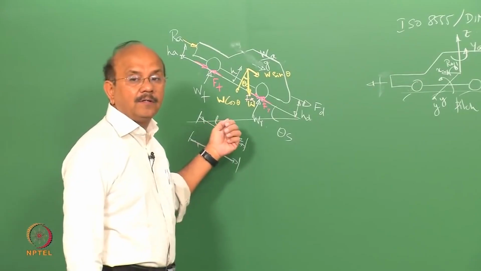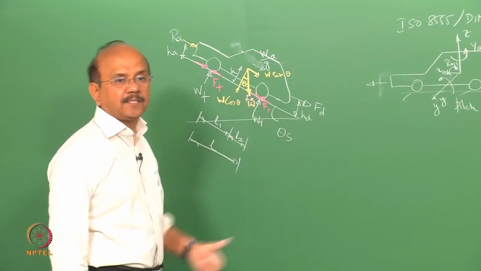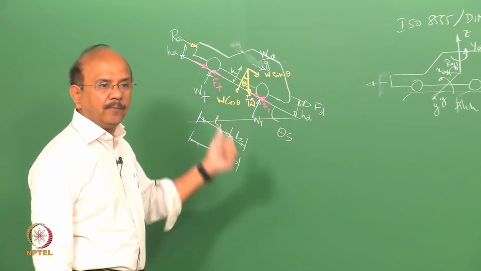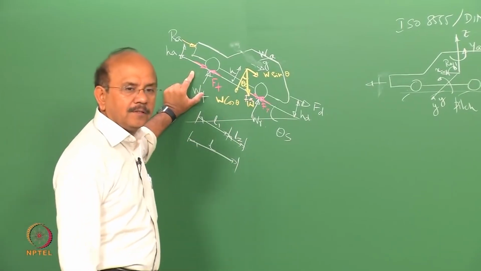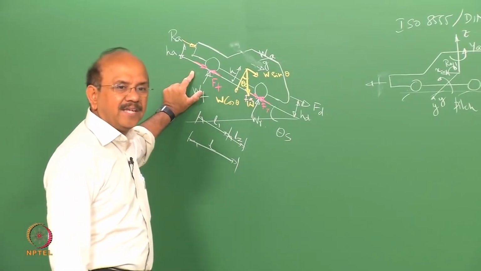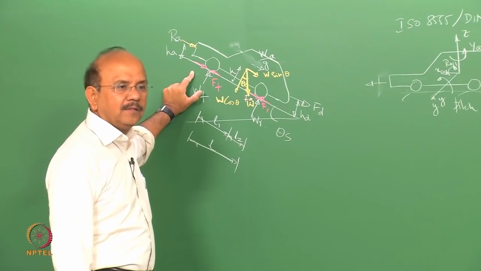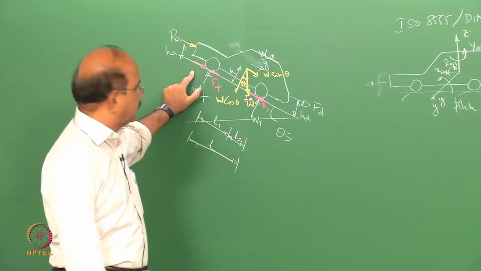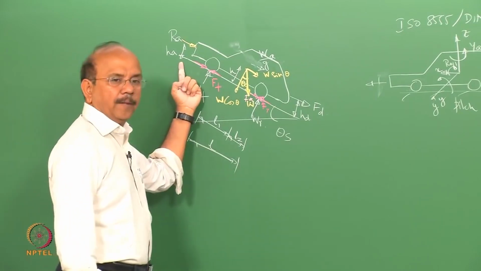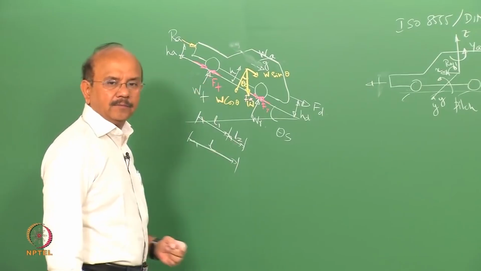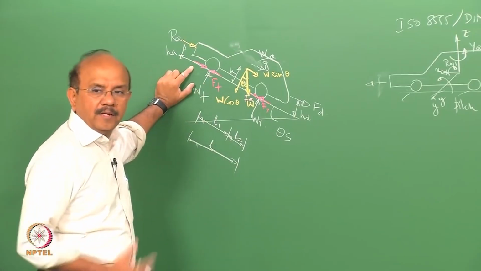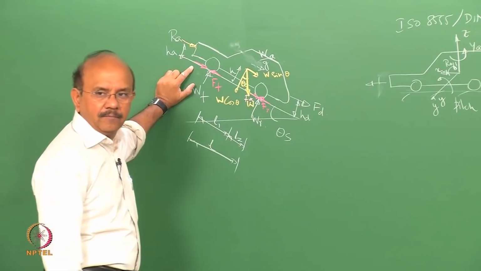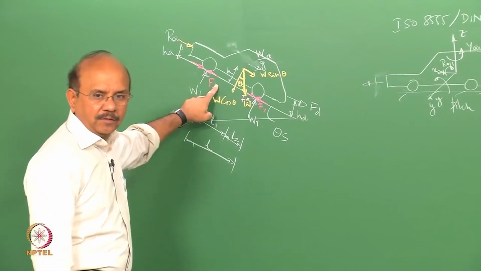Interestingly note that when the vehicle brakes, this rolling resistance force would act in the same direction as that of the braking force, which is now going to flip and act from the other direction. So rolling resistance force aids in braking and opposes traction.